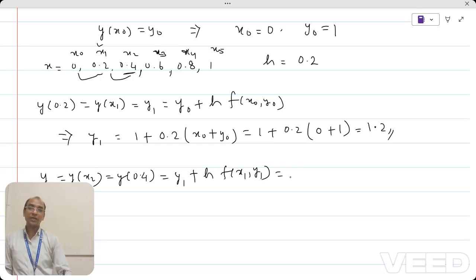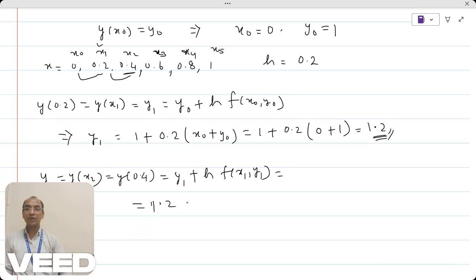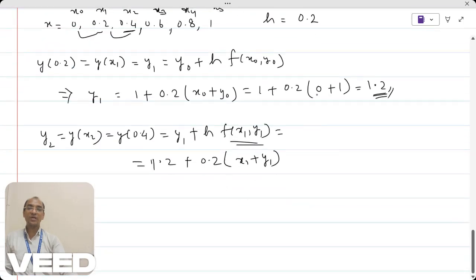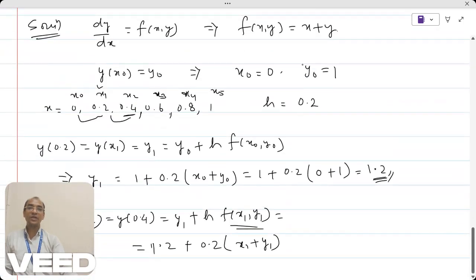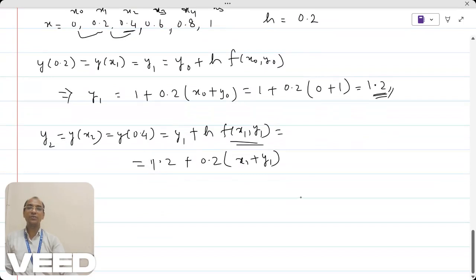And so we have y1 equal to 1.2. The successive value I have to apply. This one is y1, so 1.2 plus 0.2 into x1 plus y1, because f of x, y is x plus y. So wherever x is there, we will write x1, and wherever y is there, we will write y1.